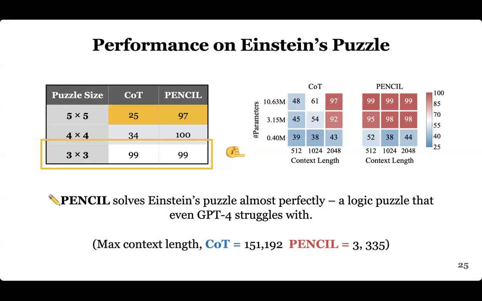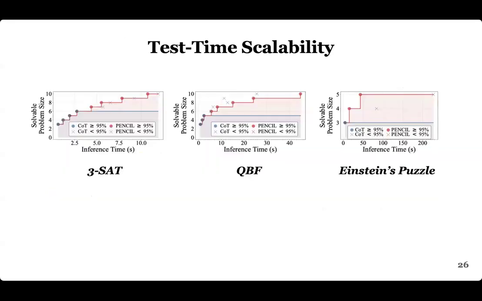But chain of thought requires a larger context length. In terms of the number of parameters, as long as the size of the model exceeds a certain threshold, both chain of thought and Pencil can address the problem. So the key bottleneck here is not the number of parameters.